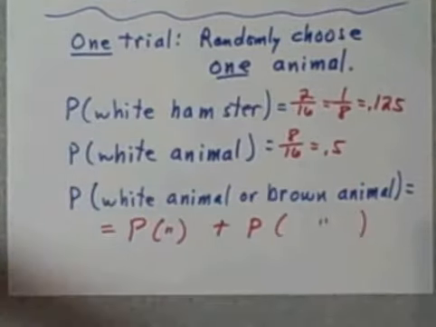The probability of getting a brown animal is, well, we had 2 brown rabbits and 5 brown hamsters, a total of 7. So that is plus 7 out of 16, which is a total of 15 out of 16. Okay, let's go one step further.